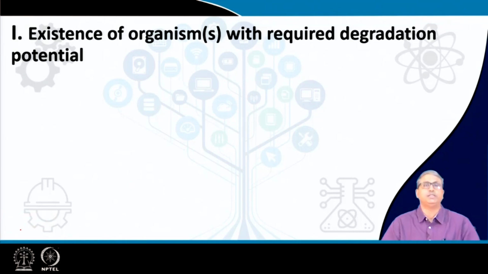Now microbial ecology experiments, protocols or techniques guide us to answer whether the organisms capable of performing a particular degradation are there or not, their relative abundance, and whether the organisms are metabolically active, etc. So we know how to achieve this goal, that the existence of the organism is confirmed.